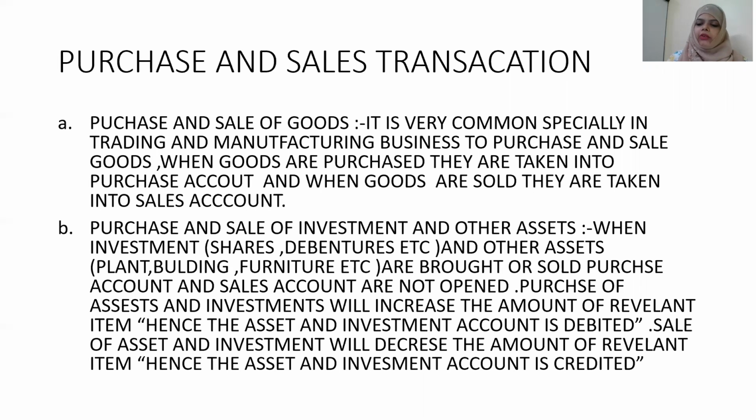Manufacturers manufacture the goods and pass them down to the wholesalers and retailers, the chain of distribution. And trading business means they bring goods from different shops or outlets and trade them to the customers or to the wholesalers. So, trading and manufacturing business.